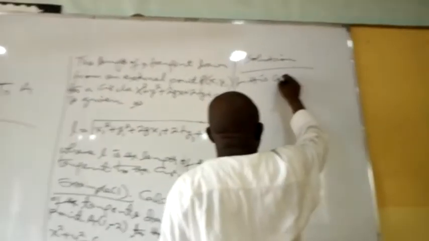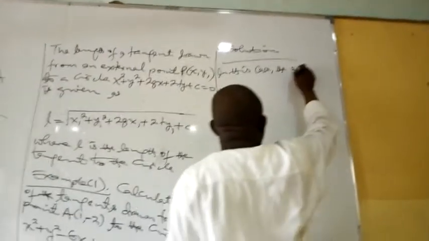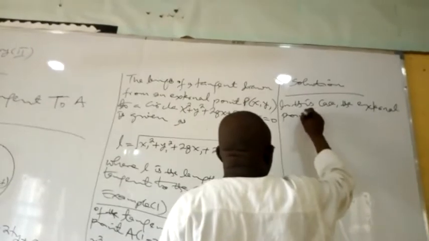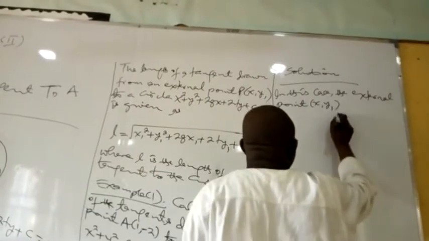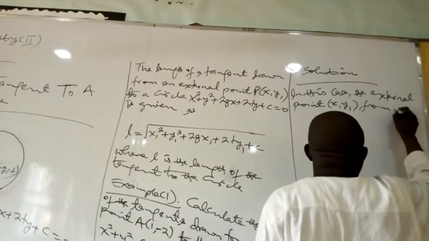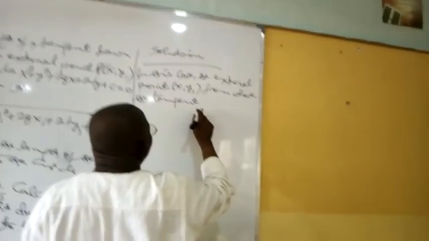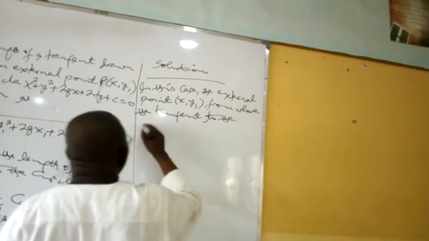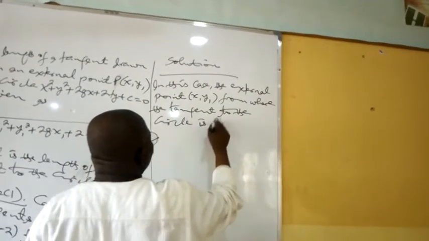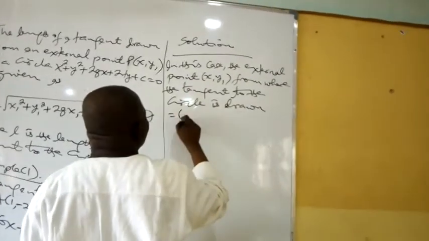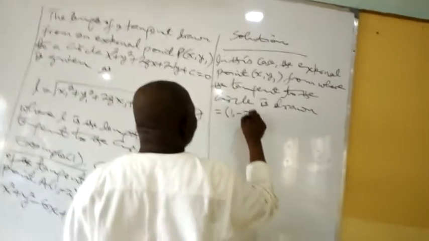In this case, the external point x1, y1 from where the tangent to the circle is drawn is equal to 1 minus 2.